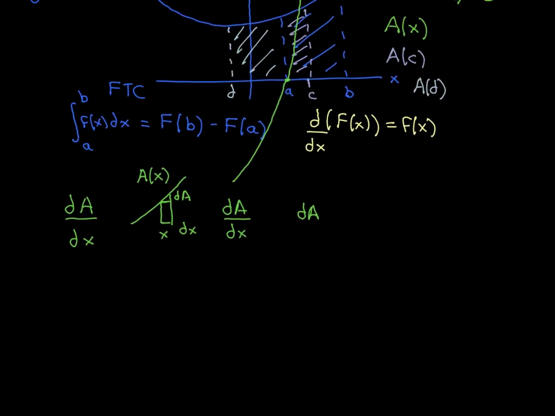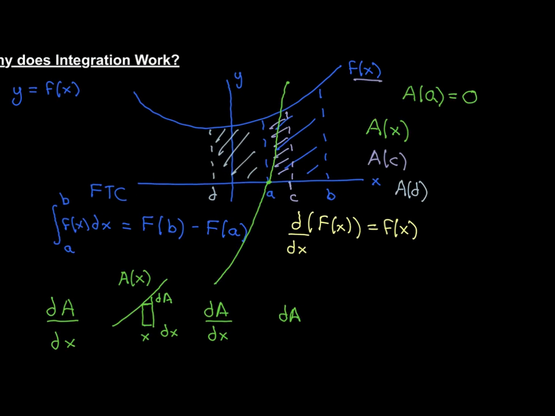Well, let's go back to our picture up here. So of course the area function increases by the amount of area that would increase if you go forward dx. So let me elucidate that further. So let's say here is our point x that we had on this picture here.